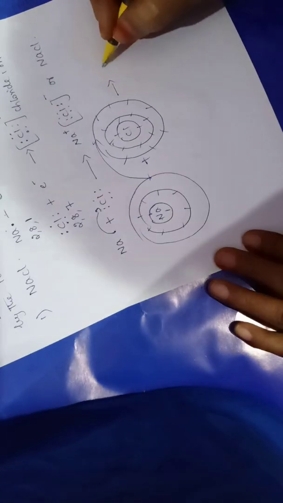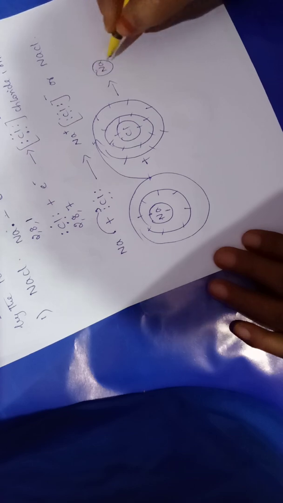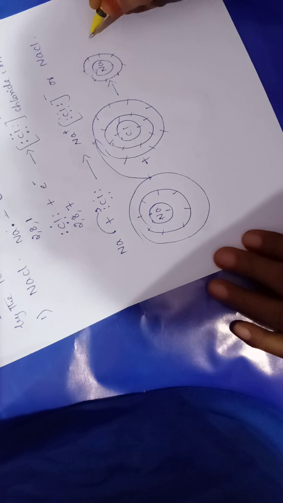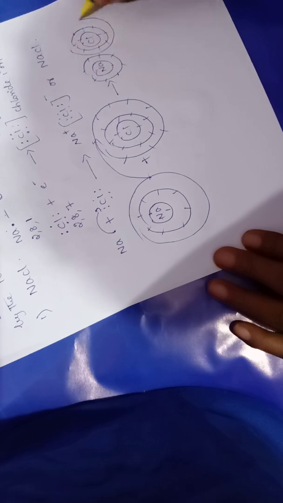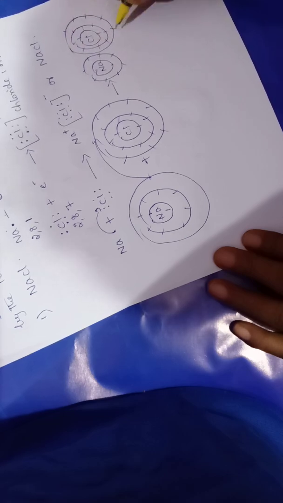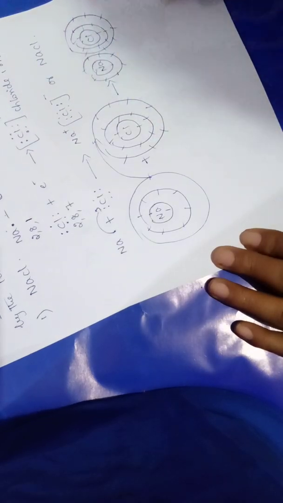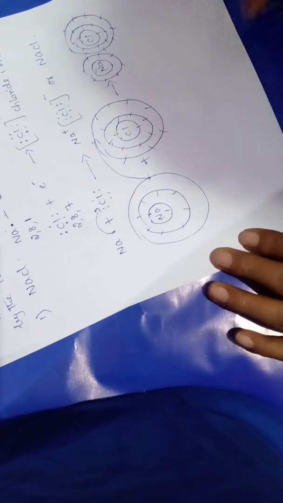So this one, whatever electron will be there, it will go here. So finally we will get sodium 2, 8, chlorine 2, 8, 8. So this is the formation of sodium chloride.